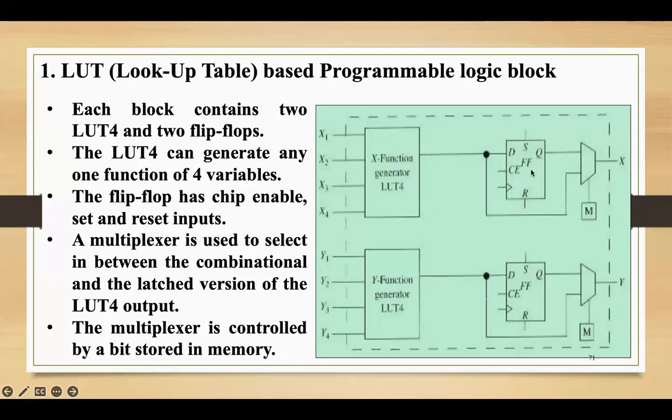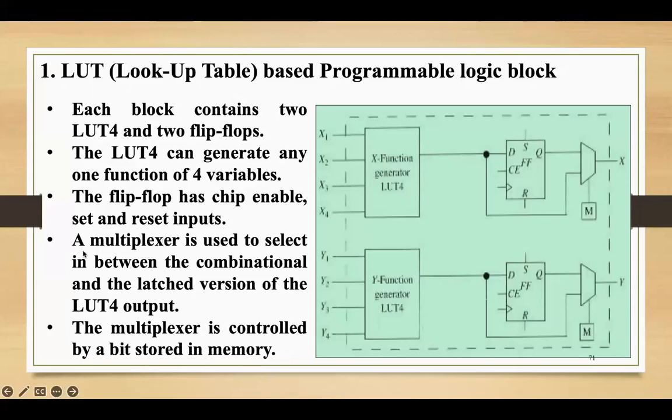You can see S and R here, right? So you can use that option for resetting and setting the values. Maybe you want to set the values to 1 and then you want to reset it. You want to nullify all that was there. You want to clear out the memory, right? So you can use the reset button.